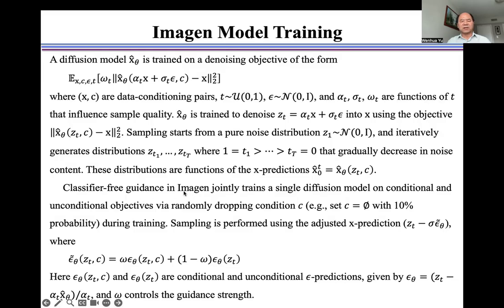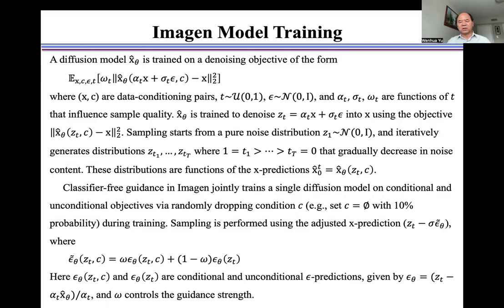Classifier-free guidance in Imagen jointly trains a single diffusion model on conditional and unconditional objectives via randomly dropping the condition c. For example, set c to empty with a 10% probability during training.